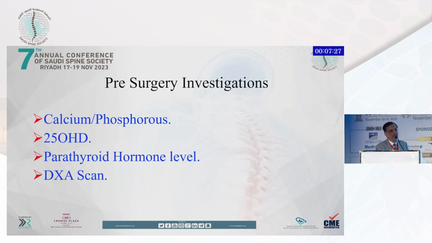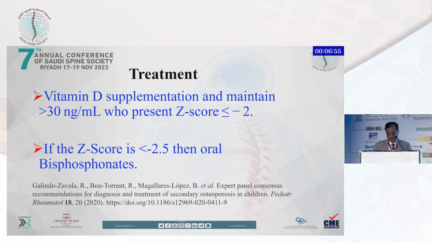So how do we investigate children who are coming for scoliosis surgery? Calcium and phosphorus is the standard one, 25 OHD or vitamin D, and PTH hormone has to be done, because PTH is a right index to give vitamin D deficiency. 25 OHD may not be, because different methodologies are used, which have different levels of false positive and false negative.